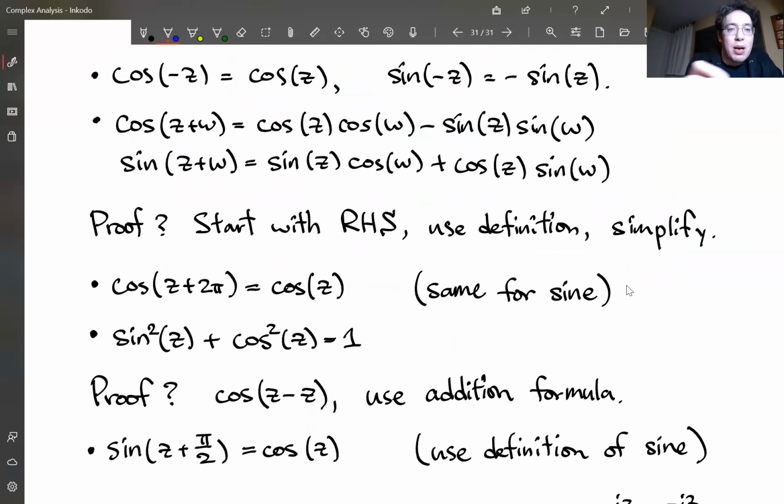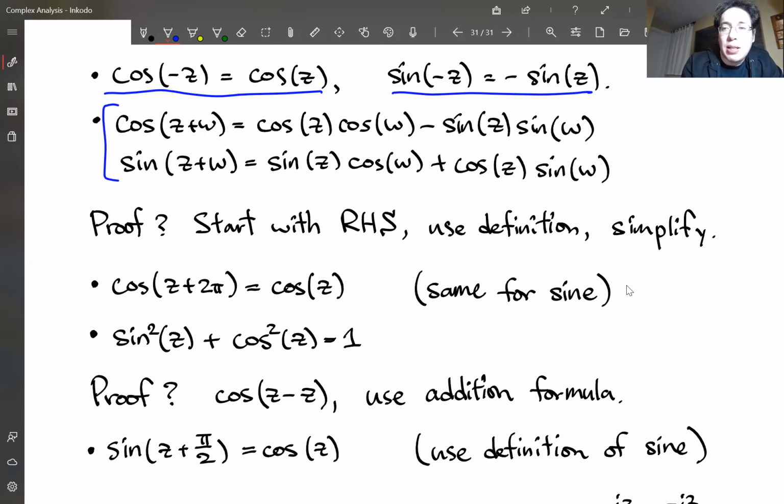Okay. Cosine is an even function, sine is an odd function. We can just directly check that from the definition: plug in negative z into the formula, and it's the same as cosine of z. And you'll get a negative sign with sine.